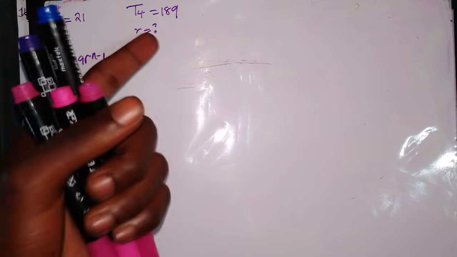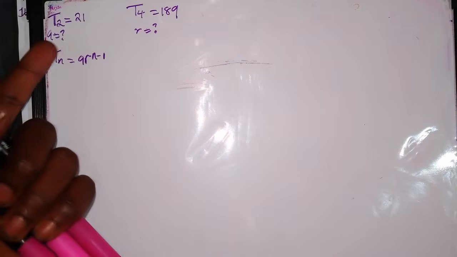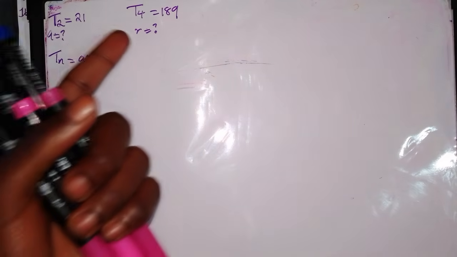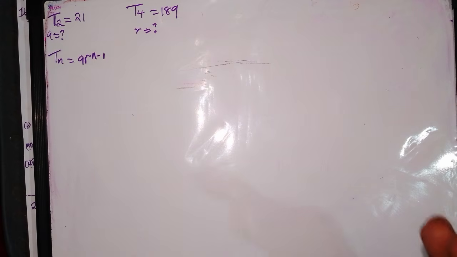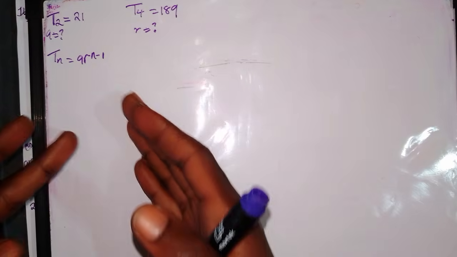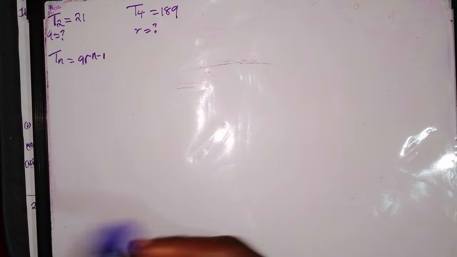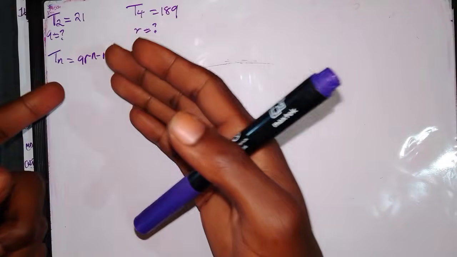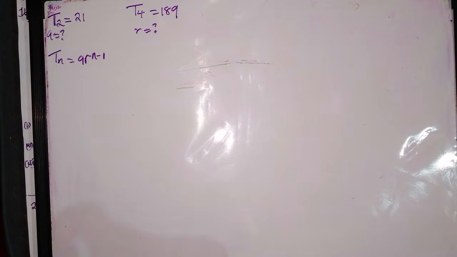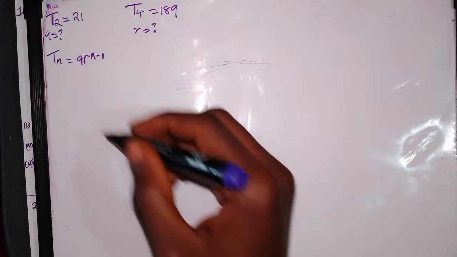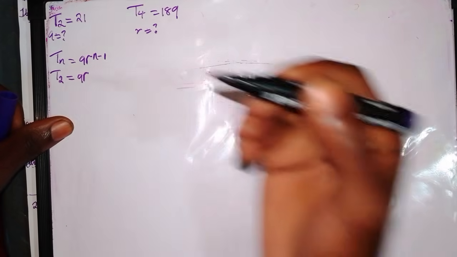So now how can we find the first term and the common ratio? Remember, here we are calculating two things, meaning we are supposed to make an equation. So you write the way it is. You ask yourself, how do I calculate the second term? I calculate it using this formula. So you start replacing in the formula. My second term is equal to A, I don't know, R, I don't know.